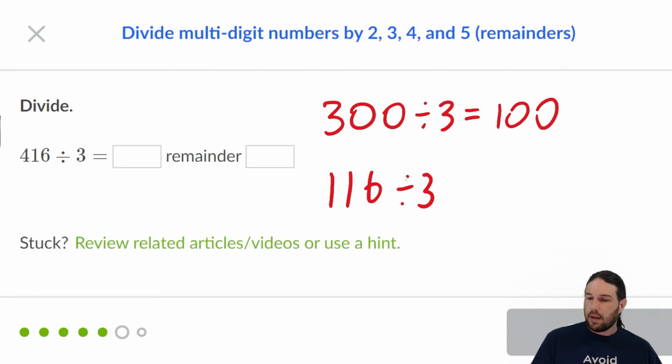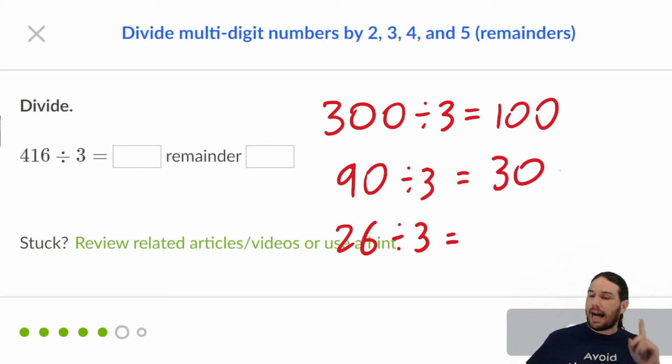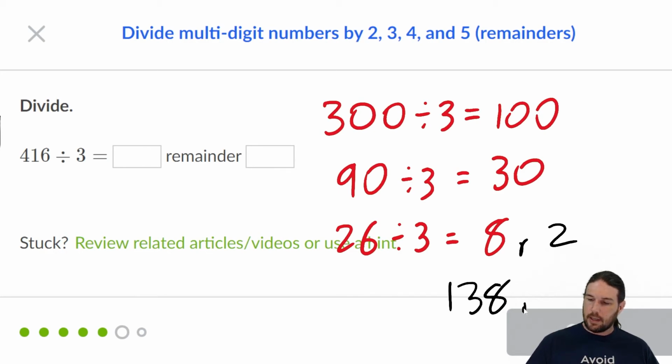I'm going to take 116, and I'm going to turn it into 90 and 26. 90 divided by 3 I know is 30. And aha, I know that 24 divided by 3 is 8, with a remainder of 2. So my final answer is 138, remainder 2.